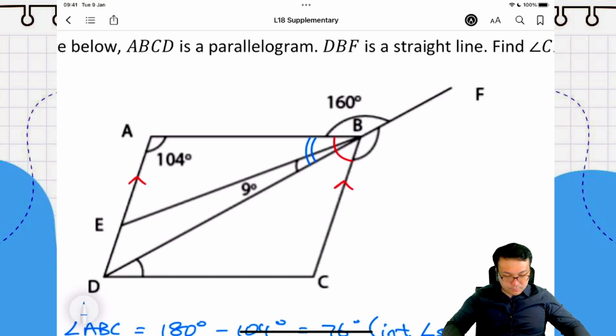Angle ABD, yeah. What's angle ABD? There's a straight line here, can you see? So what is this angle?